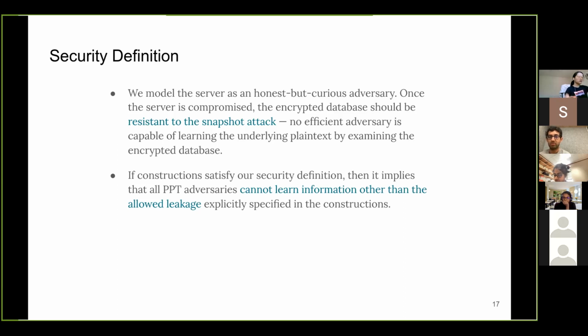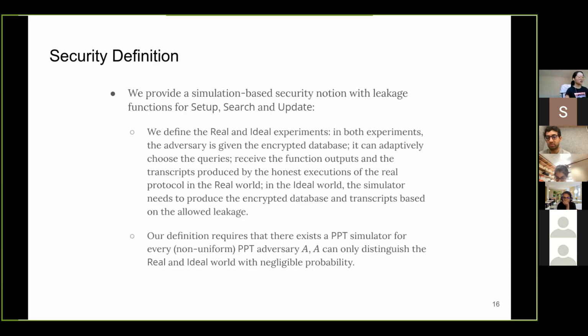So no. The adversary is given the encrypted database, which is the first case you were describing, in the setup stage. But later on it's also going to get the transcript view of the query protocol and the other protocols.